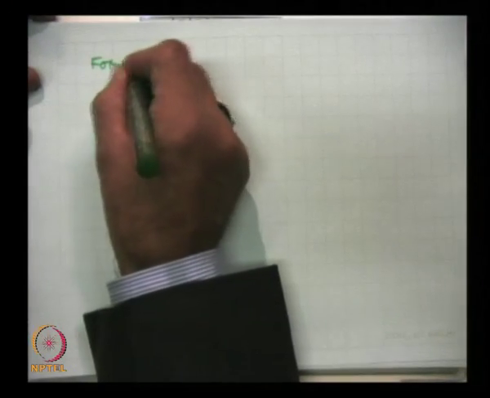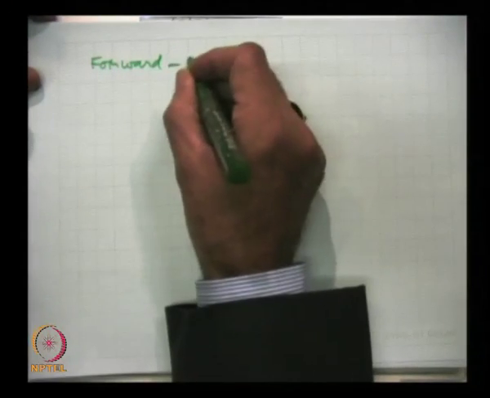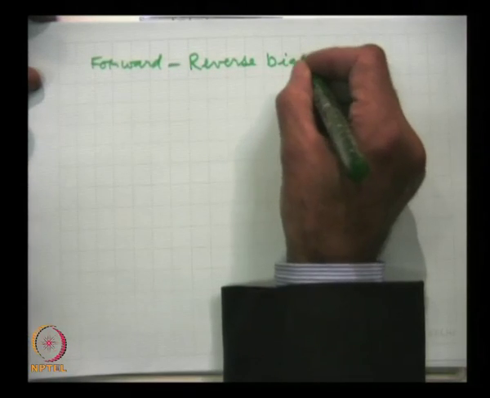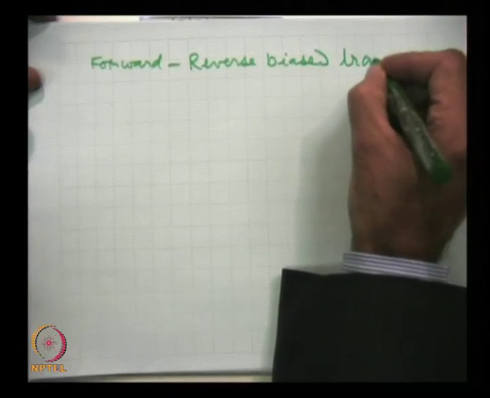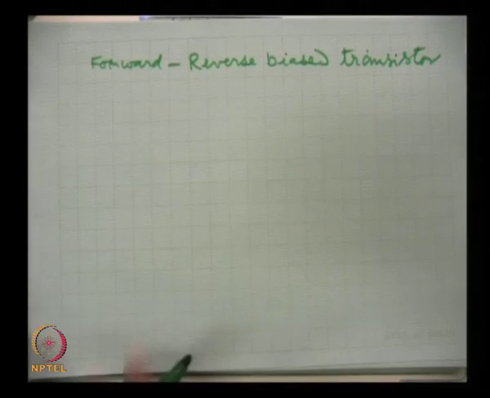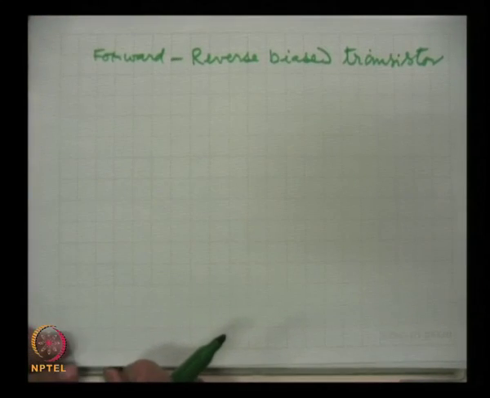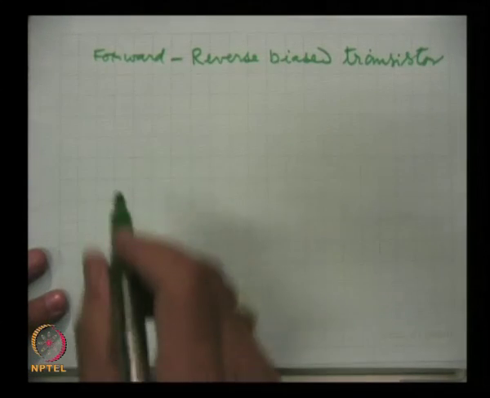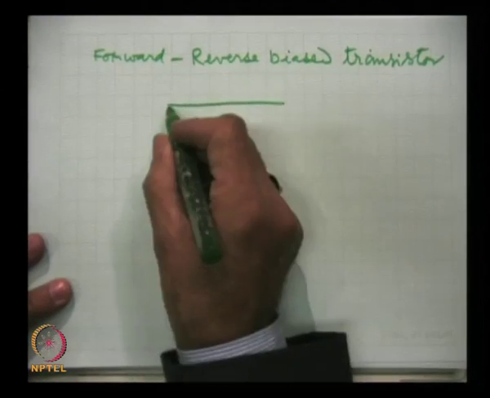Let us look at the third possibility of biasing, which is forward-reverse biasing. Forward-reverse biased transistor. Here the emitter junction is forward biased, the collector junction is reverse biased, and we can depict this situation like this.